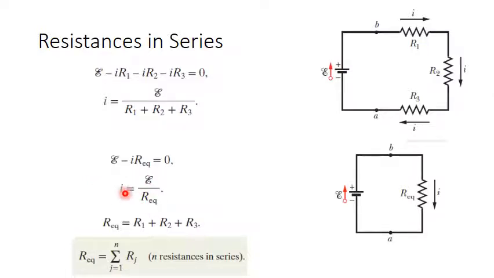By equating the current of the equivalent circuit to the current of the original circuit, R equivalent equals R1 plus R2 plus R3. In other words, if resistances are connected in series, the equivalent resistance is the summation of these resistances. So R equivalent for n resistances in series is the summation of Rj, where j equals 1 to n, the number of resistances.